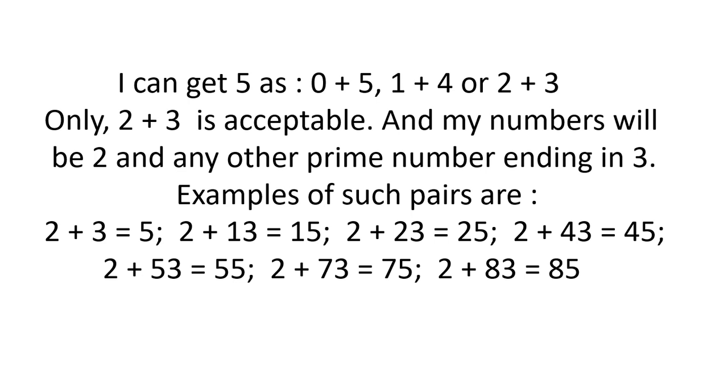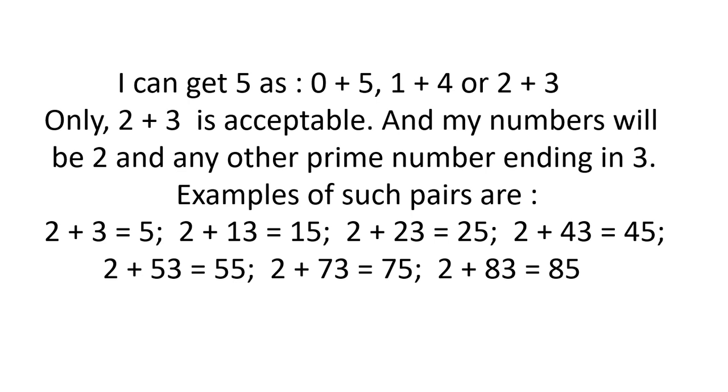This is possible because there is a prime number which ends in 2, which is the number 2 itself, and there are many prime numbers which end in 3. So only 2 plus 3 is acceptable, and my numbers will be 2 and any other prime number ending in 3.